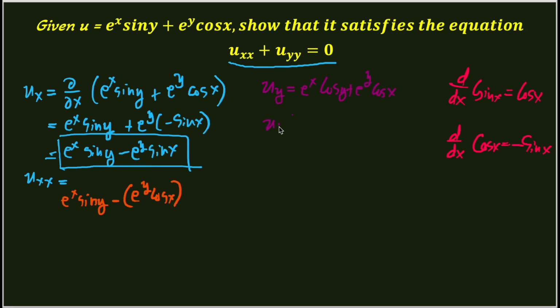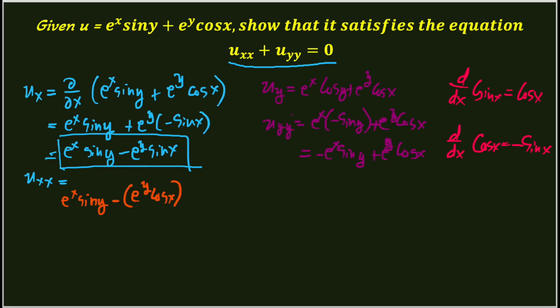And then u sub yy is equal to e to the x times negative sine y plus e to the y cosine of x. Simplifying, this will be equal to negative e to the x sine y plus e to the y cosine of x. Okay, so that is the value.